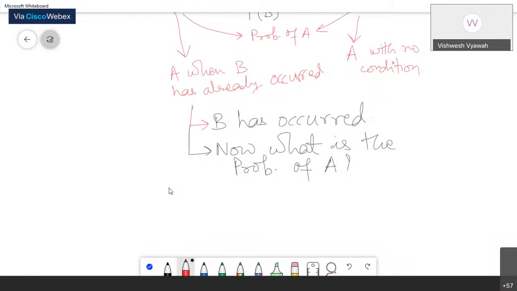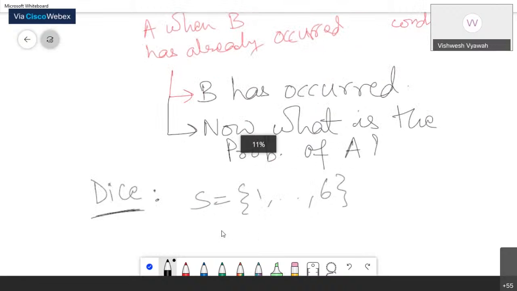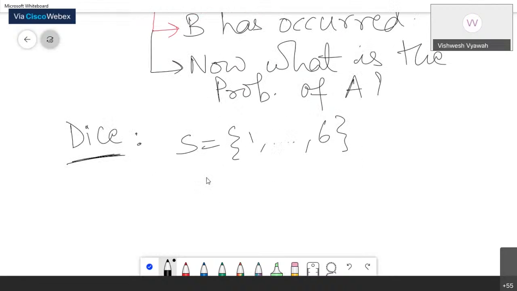Let's take our well-known example of a dice. Your S is nothing but 1 to 6. Now let's say A is any event.